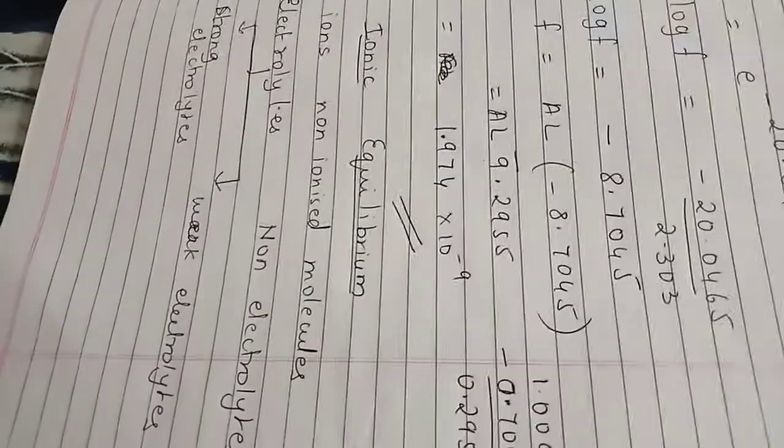What are strong electrolytes? Strong electrolytes are the ones which dissociate completely into ions when dissolved in water or in aqueous medium. I'll repeat, strong electrolytes are the ones which completely dissociate into ions when dissolved in water. Example, strong acids and strong base. They are strong electrolytes. What are weak electrolytes?